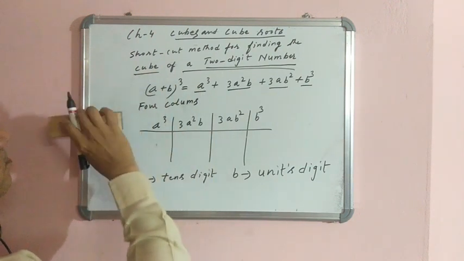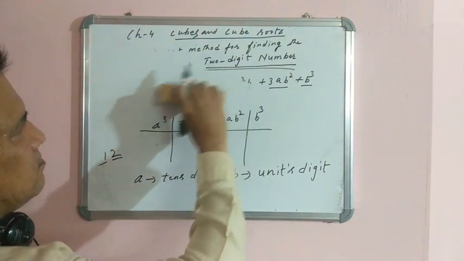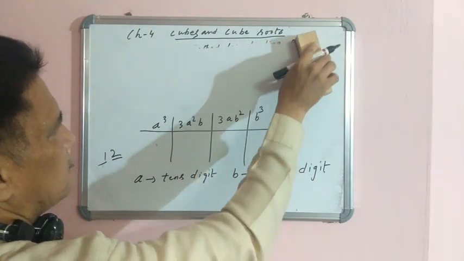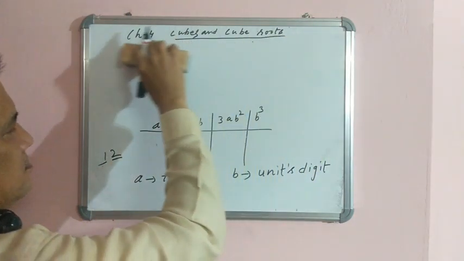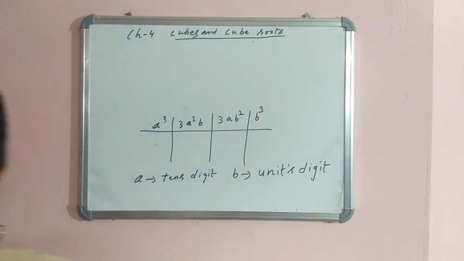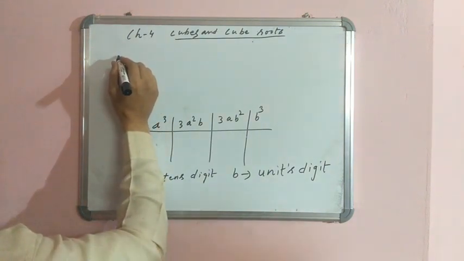The columns will be required, so I am not erasing. Suppose 21 is there.